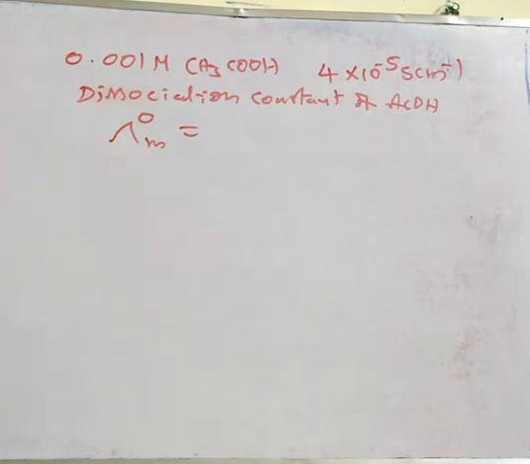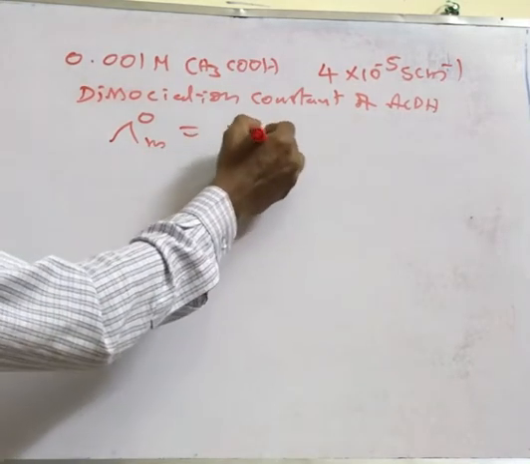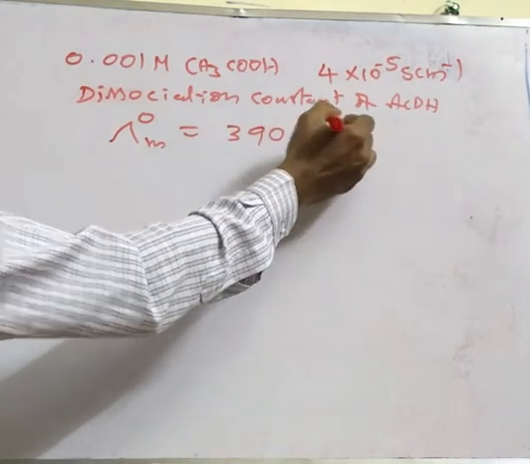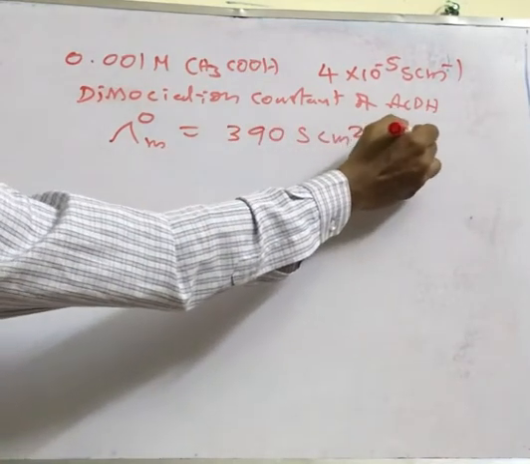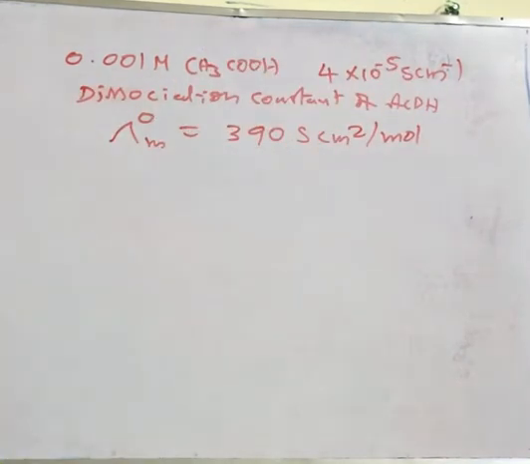The molar conductivity at infinite dilution for acetic acid was given, that is lambda m at infinite dilution, which is 390 Siemens centimeter square per mole. This is the value they have given.